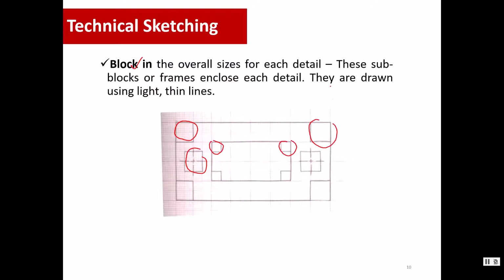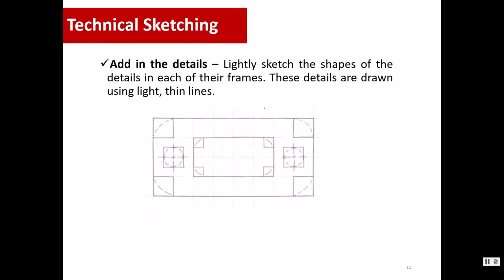The details are drawn using light thin lines, similar to the frame. Then you can add more details, maybe some curves and some circles and so on. It also depends on the details of the drawing, and this can also be done lightly using light lines.